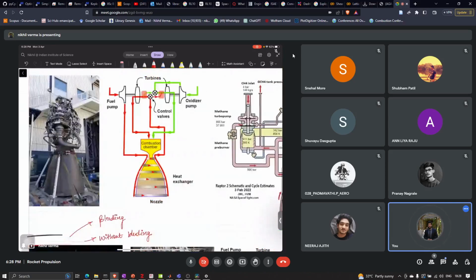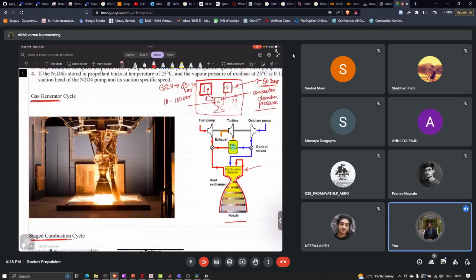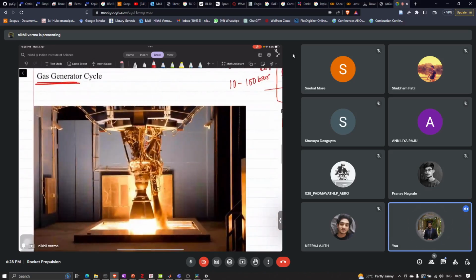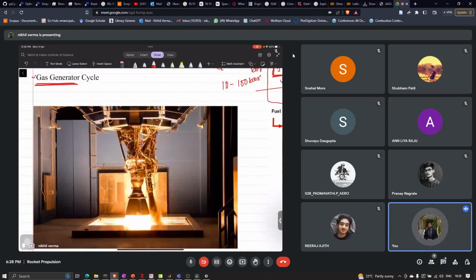We can have different variations, but for this course we'll be dealing with the basic rocket cycles. One is the gas generator cycle.